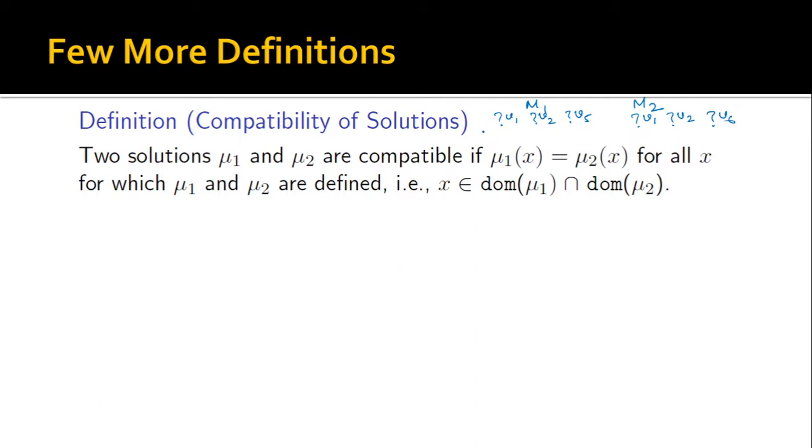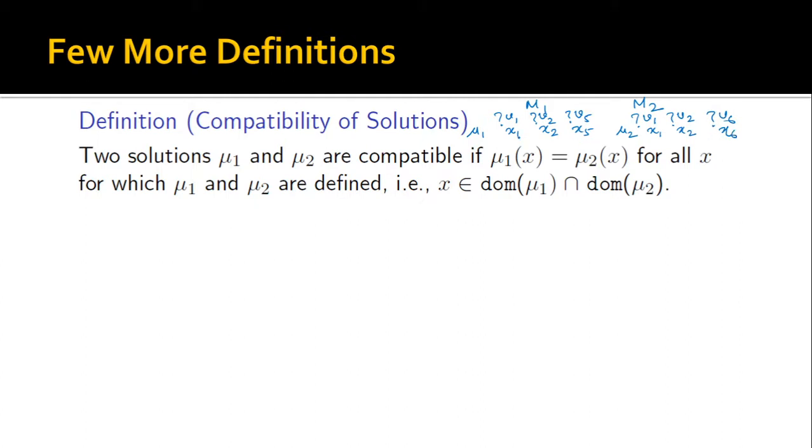Now, let us assume that we have a solution here with V1 having the value x1, V2 having x2, and V5 having x5. And in mu2 we have x1, x2, and x6, right?